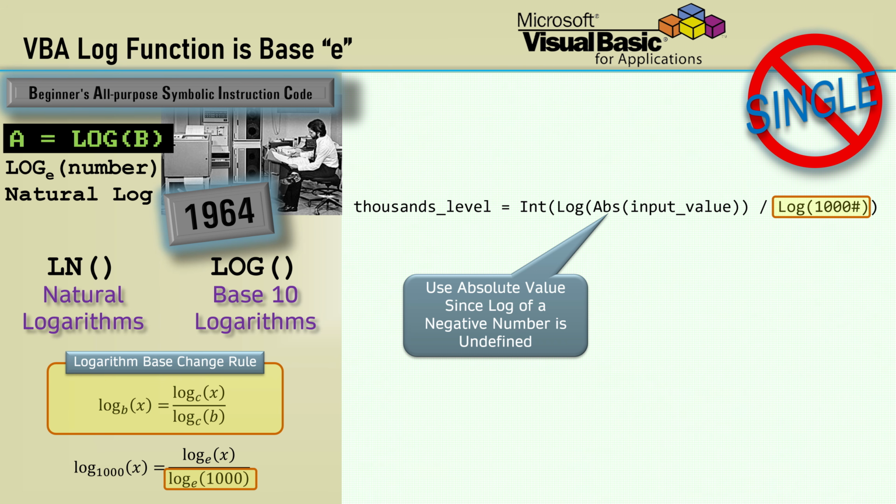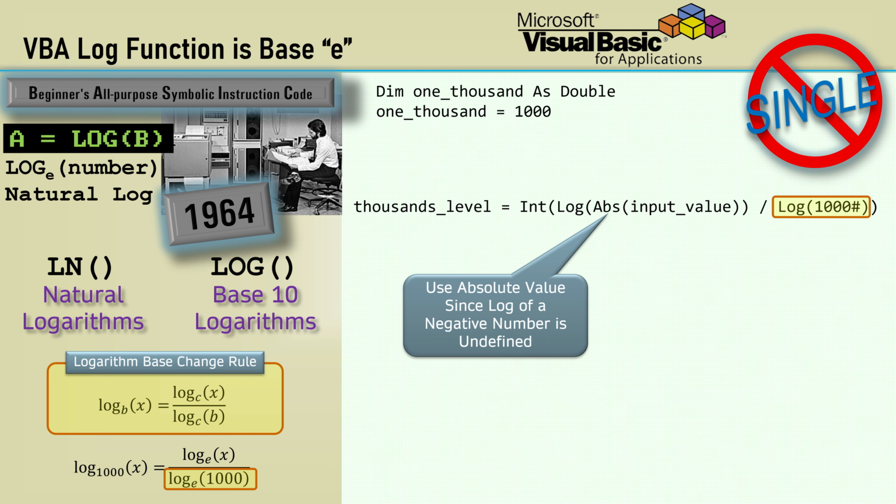Its precision is low and really only helpful to conserve memory in computers many decades ago. The divisor of 1000 should be a double precision variable. As an example, we could dimension a variable named 1_1000 as a double and set it equal to 1000. But this 1000 divisor has meaning.